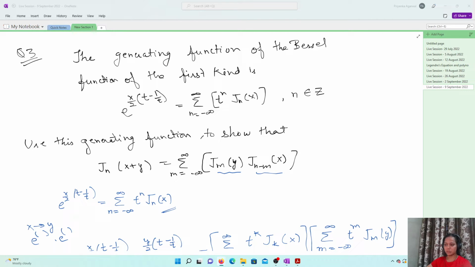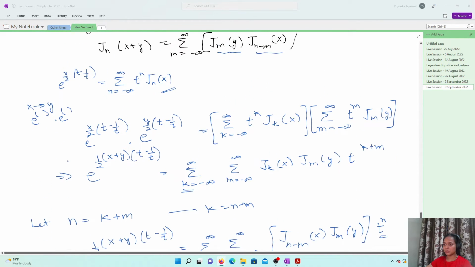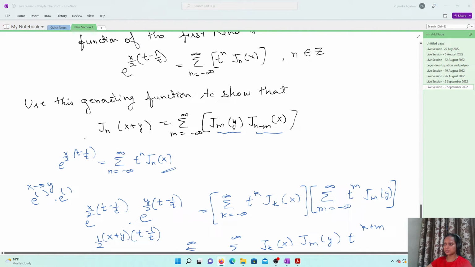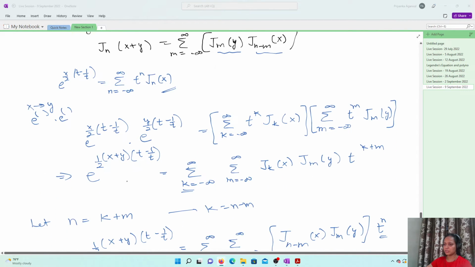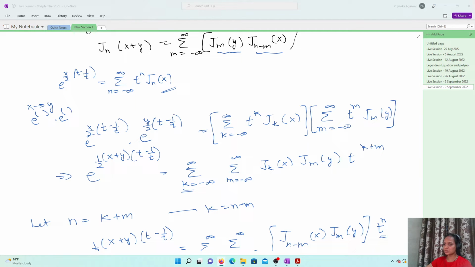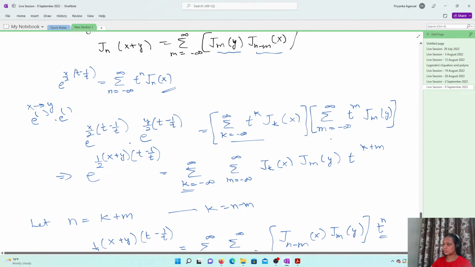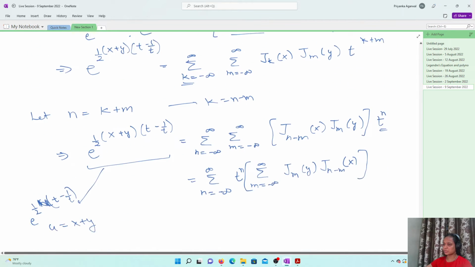Do I need to go through the solution once again, or it's clear? Proceed, ma'am. Okay. So basically, starting from the generating function itself, we have first written e to the power this function, multiplied it in terms of x and y, and then combined these terms, and we are proceeding.